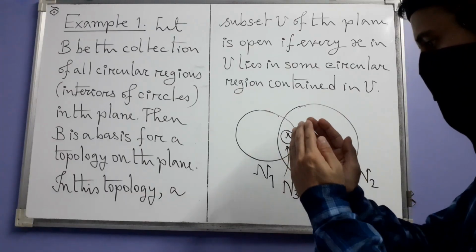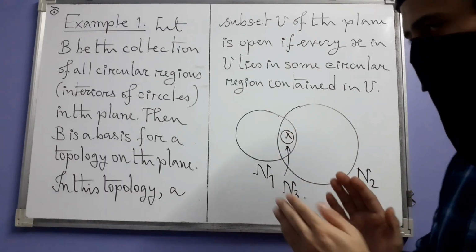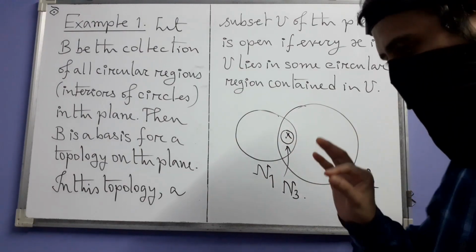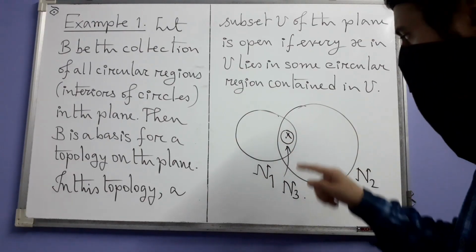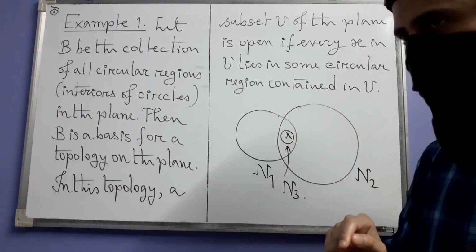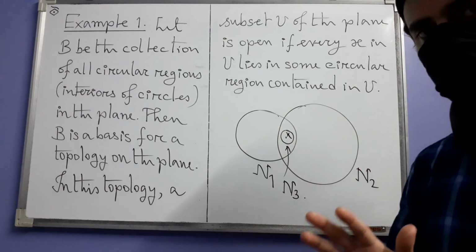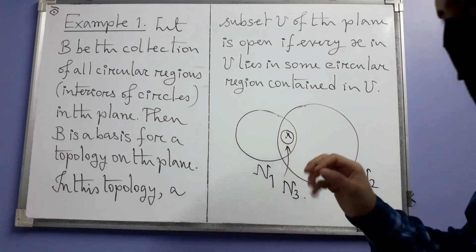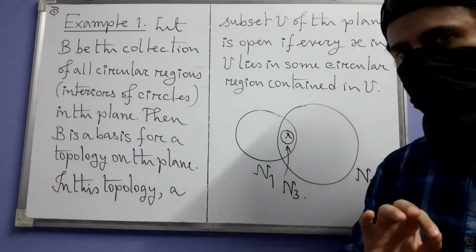Obviously, no matter how small this intersection of the two circles is, and no matter where this point X lies in that intersection, you will be able to find a circle small enough, and for the sake of specificity and simplicity, let us take that circle as having that point as the center.